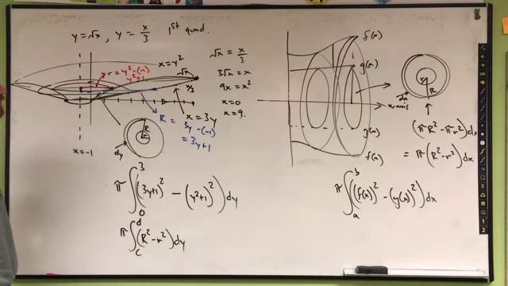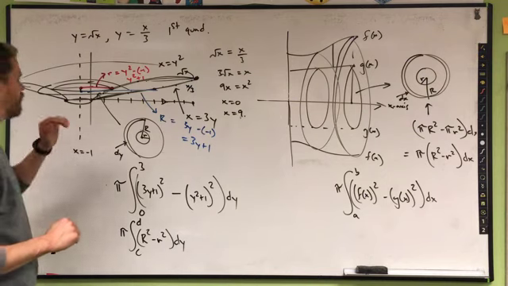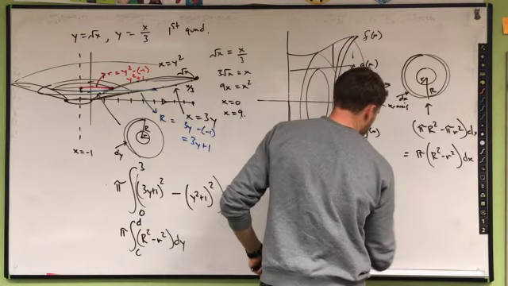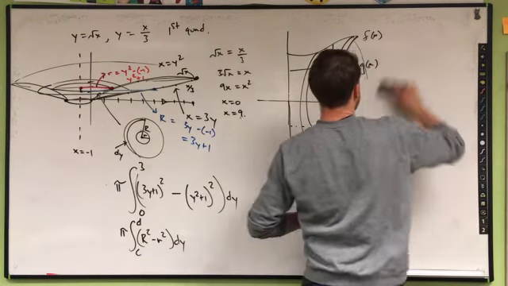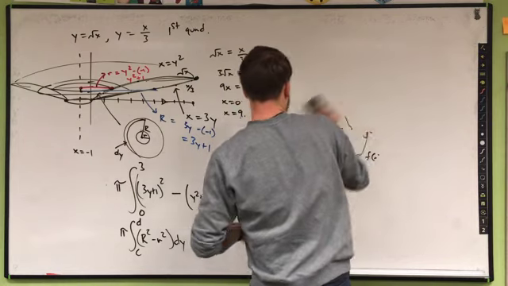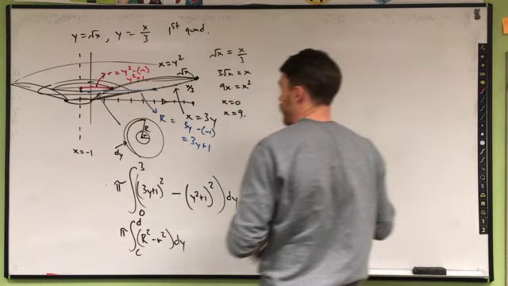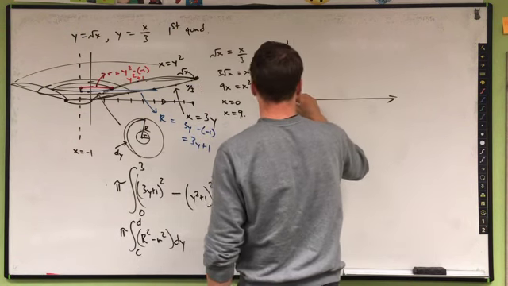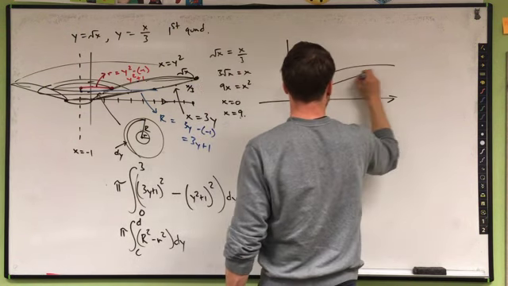So in the interest of looking at, say, another example, what if we revolve this around the line y equals 3 instead? So revolving this around the line y equals 3. Again, here's my square root. Here's my linear function.